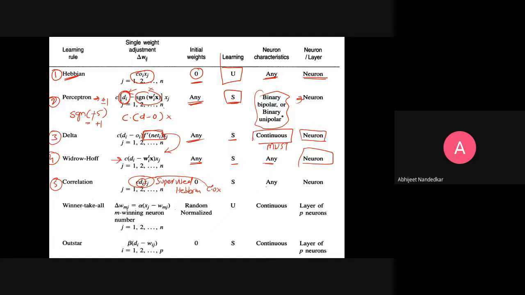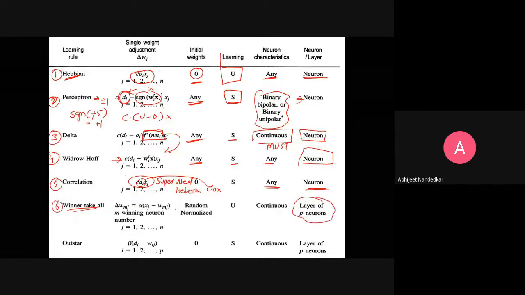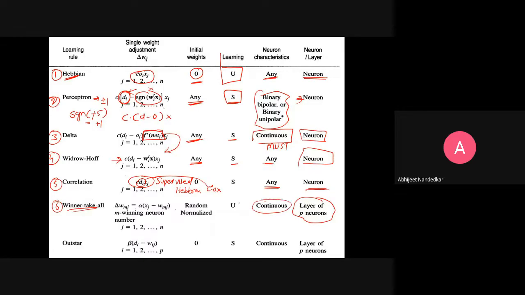It is applicable to any characteristic function, and it is applicable to a neuron, a singleton. Sixth, we have seen winner take all, which is applicable to a layer of neurons only. You keep this in mind. The activation function must be continuous and it is unsupervised. That means it is used for clustering.